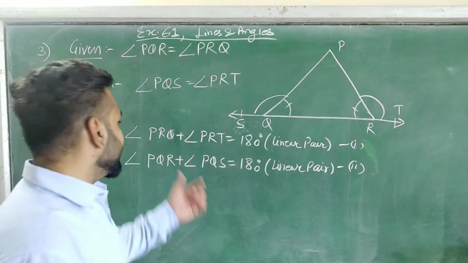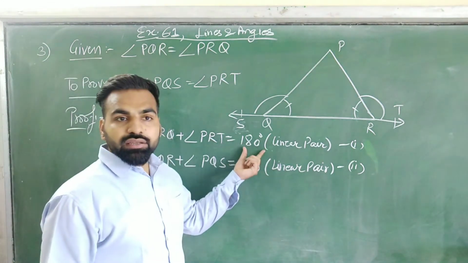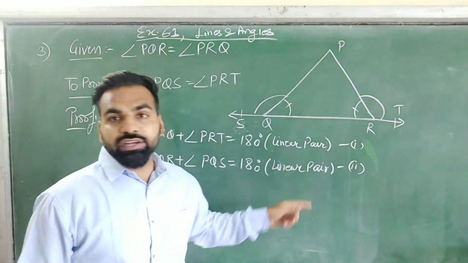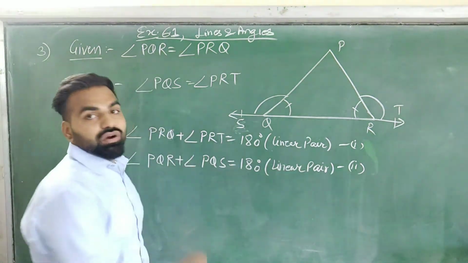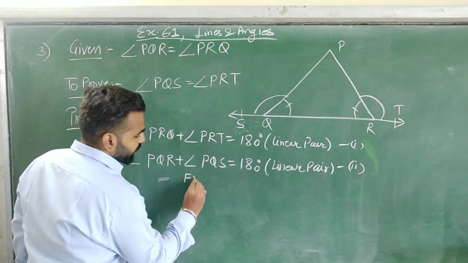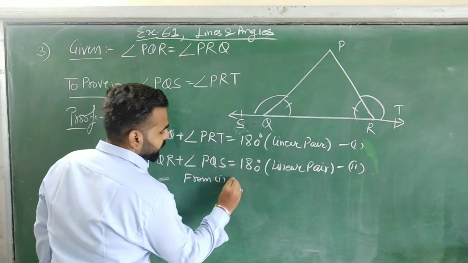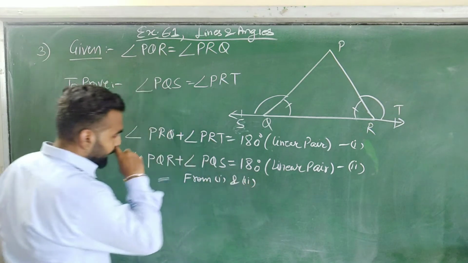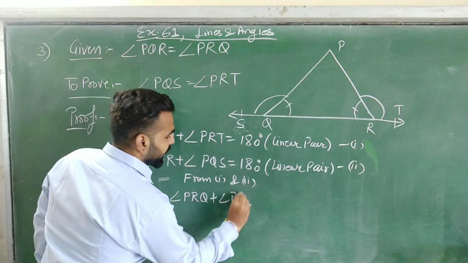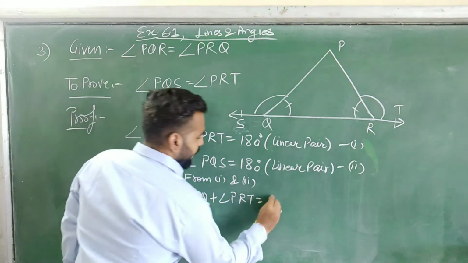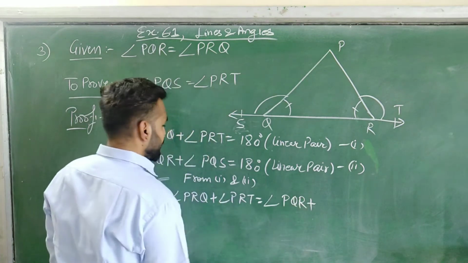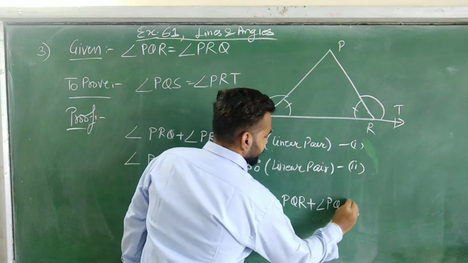Now we can see that this part is equal to 180 and also this part is equal to 180. So from 1 and 2, these two parts will also be equal. So from 1 and 2, we can write angle PRQ plus angle PRT is equal to angle PQR plus angle PQS.